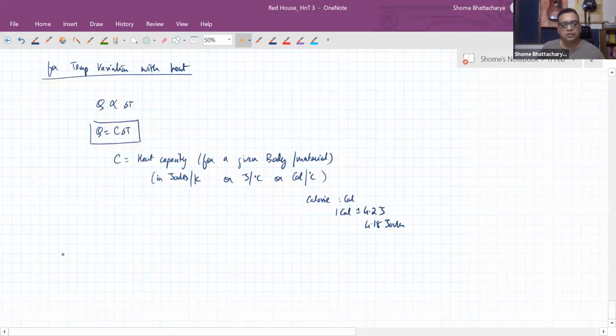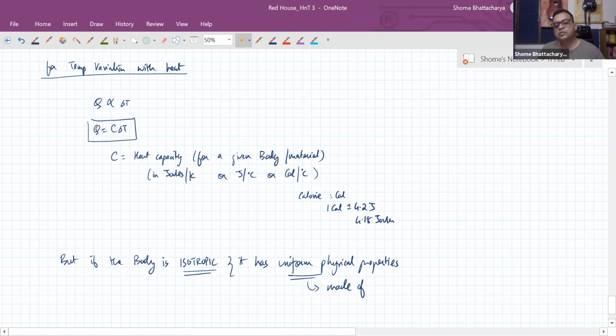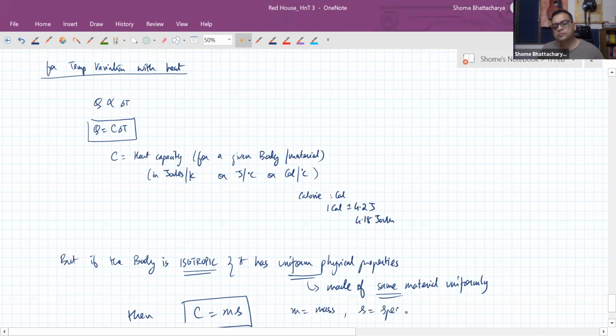But further, if the body is isotropic, that is, it has uniform physical properties, that is, it is made of the same material uniformly, like it's not some kind of mixed material, then C is equal to mass multiplied by another physical property of the material called specific heat capacity, which becomes a material property.